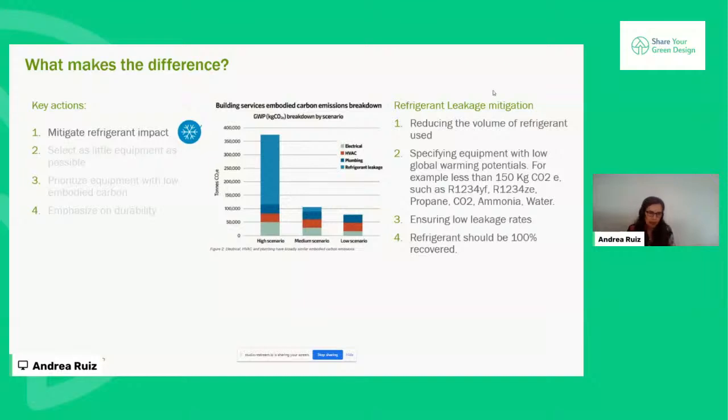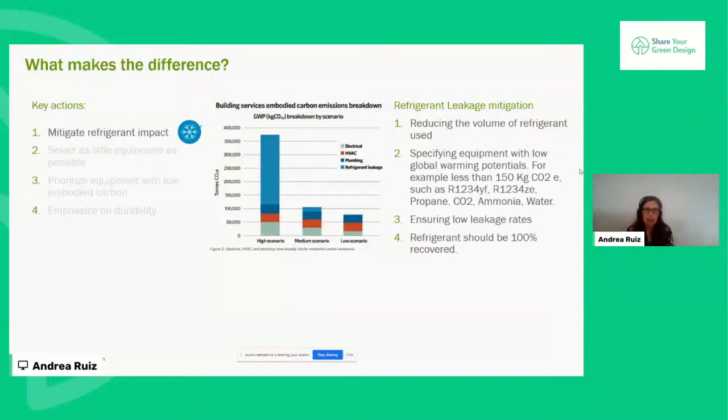In the TM65 guide, there's an example of quite a few of them, and if not, they can be researched outside. But over here, I'm listing for you a few examples of what could be a good low embodied carbon option, such as R1234YF or ZE, propane, CO2, ammonia, and water. They are examples.